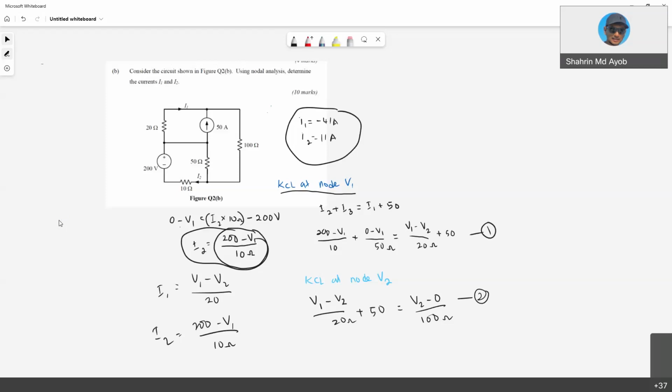After this we go to superposition, and then a little bit on source transformation, and then after that Thevenin and also Norton. The Thevenin and Norton theorems will be delivered next week, and we continue after the semester break at week 9.